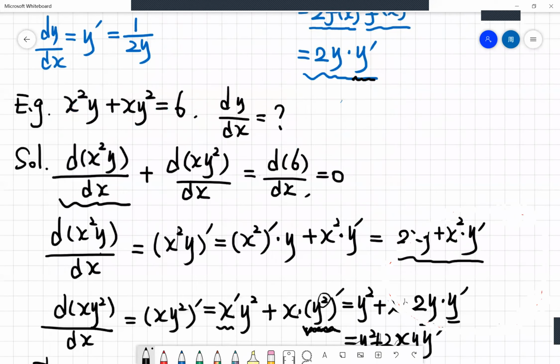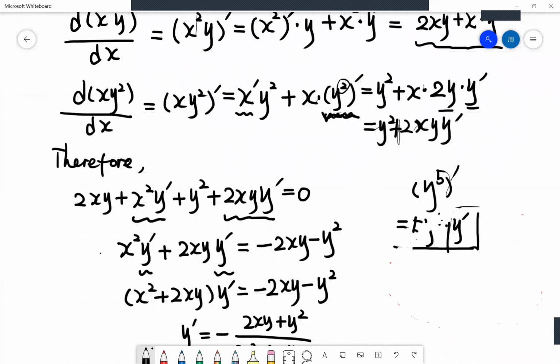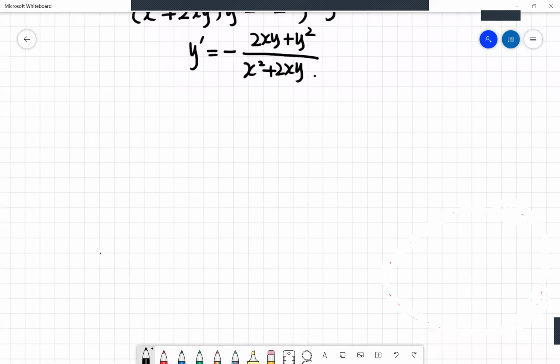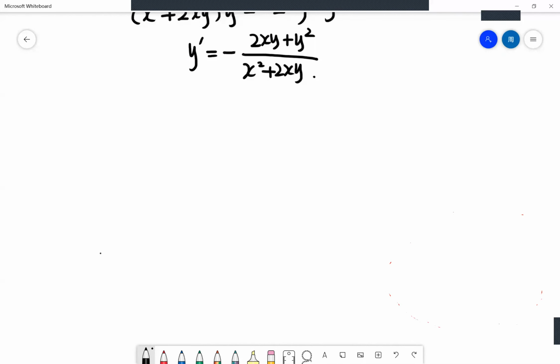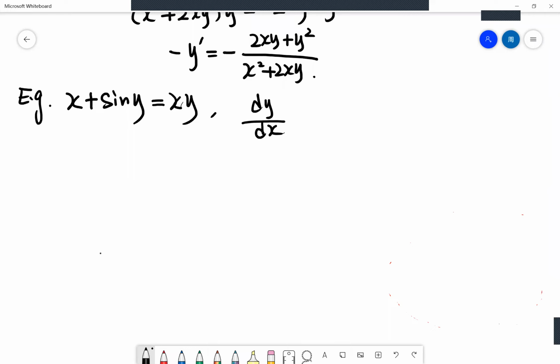Okay, I will give you another example and I will explain again. The example is x plus sine y equals xy. So try to find dy by dx. Here, y prime means dy by dx, right?